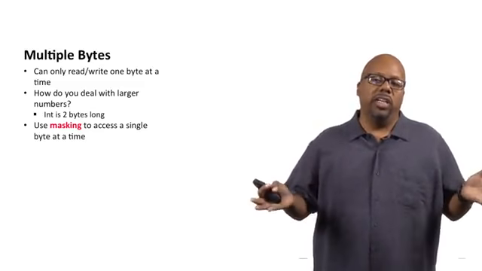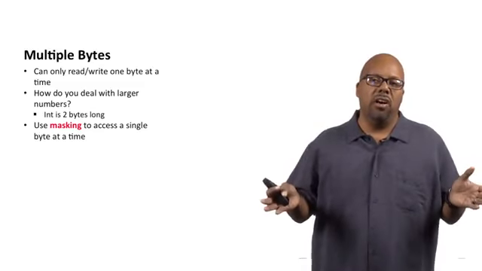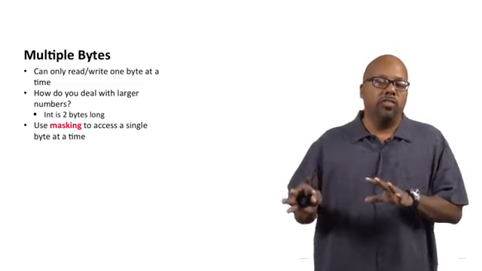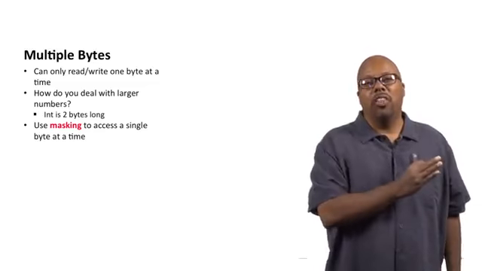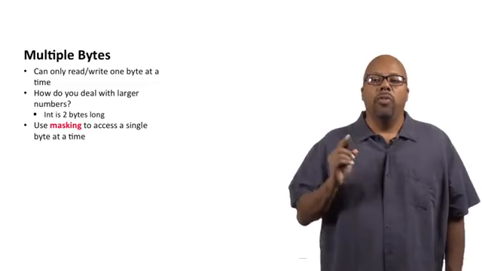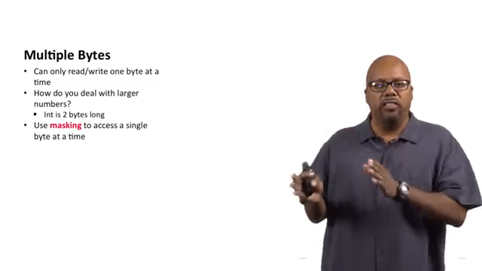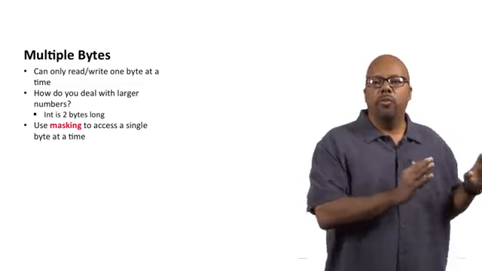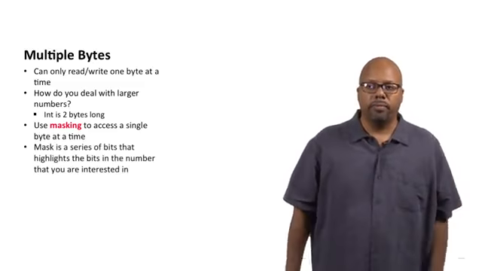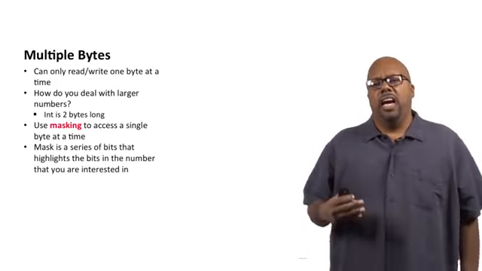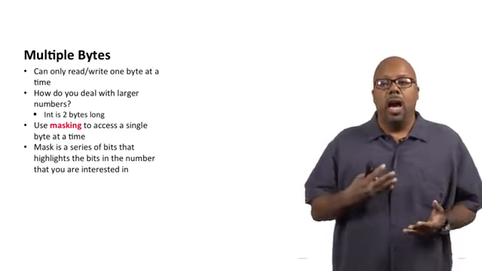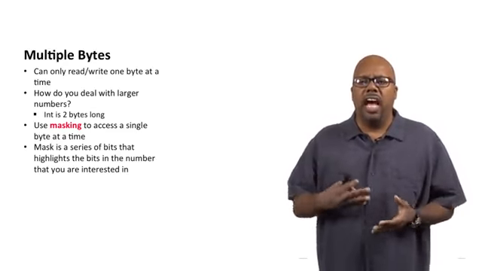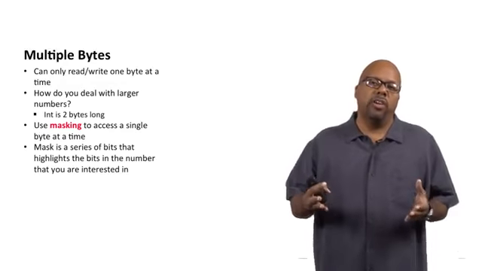If we look at an integer, it's going to be 16 bits long. If we want to focus on the low byte, the least significant 8 bits, we need to ignore the high bits. Masking is a way so that we can say, these are the bits we're interested in, and these other bits, ignore them. When you're performing masking, you need to use what's called a mask. A mask is a series of bits that highlights the bits in the number that we're interested in.